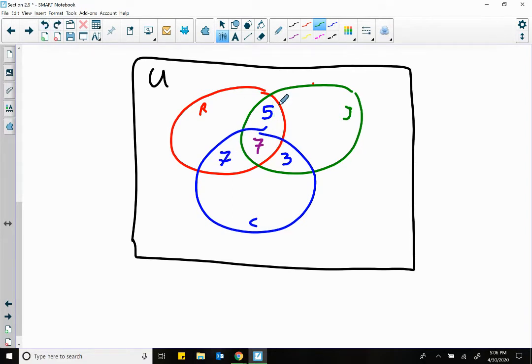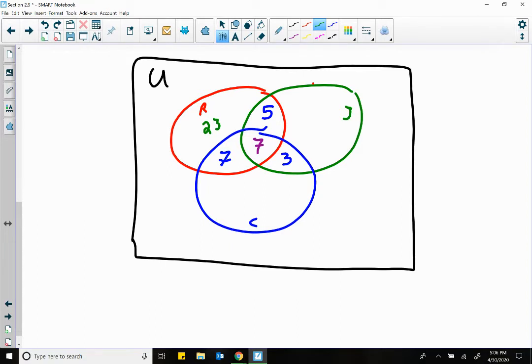We have 7, 7, and 5. If I take the 7 plus the 7 plus the 5, that's 19. So 42 minus 19 tells us that there are 23 rock students.